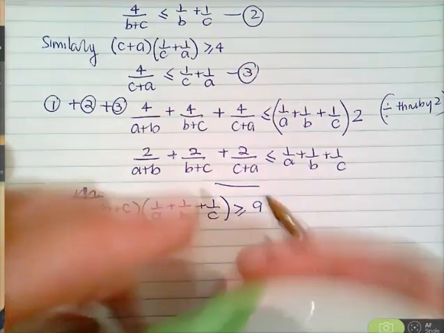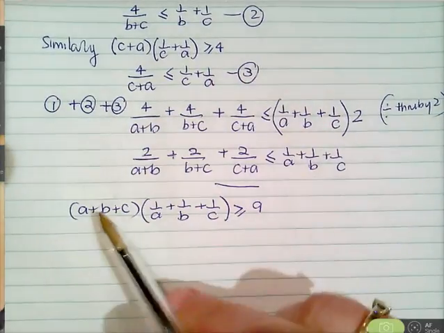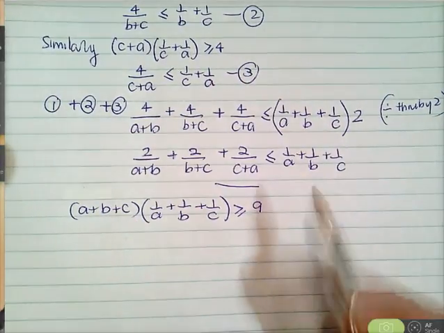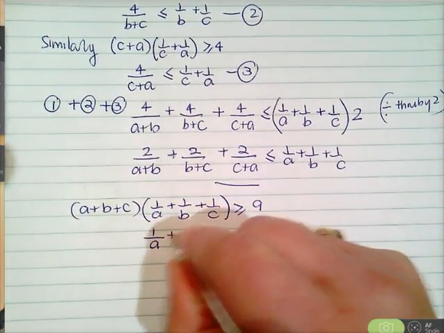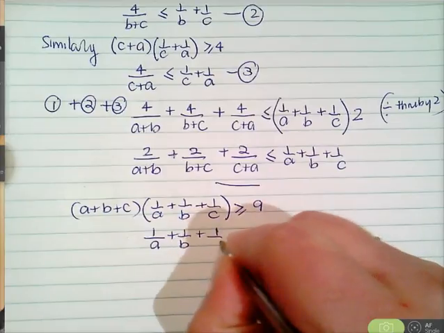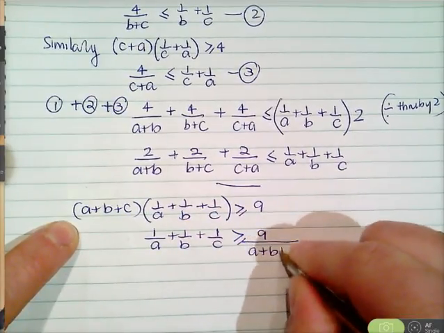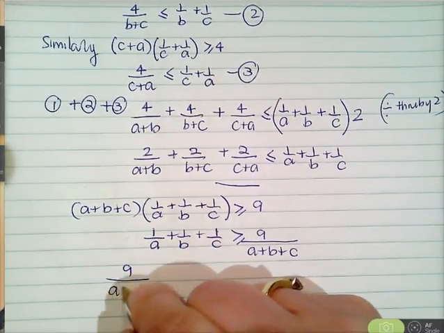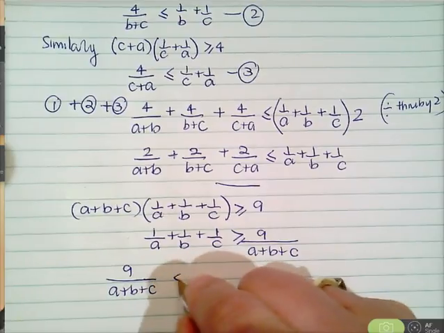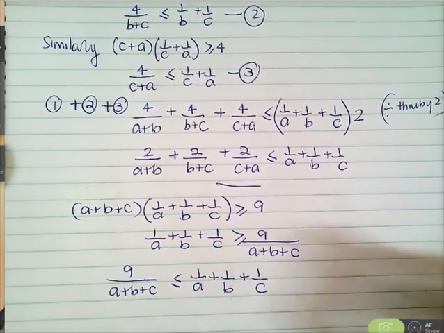So that was what was proven in part B, the second part of it. Again, this is something times something else is greater than or equal to 9. So if we just divide through by A plus B plus C, we will get this. Now I'm just going to write this the other way around. So therefore 9 over A plus B plus C is less than or equal to 1 over A plus 1 over B plus 1 over C.